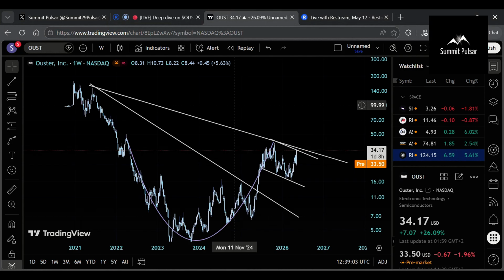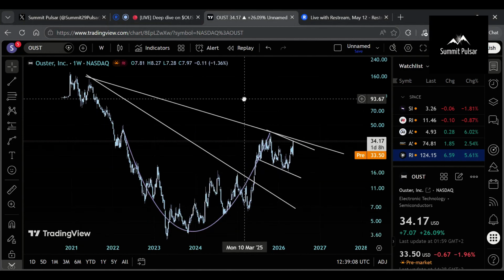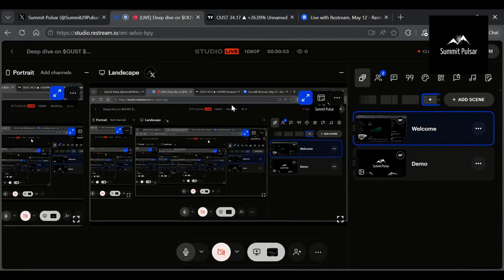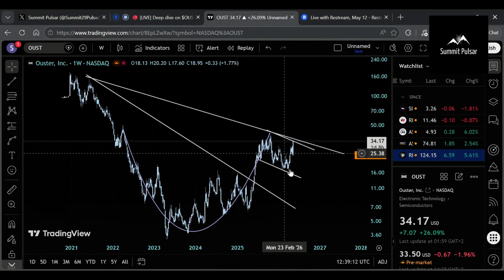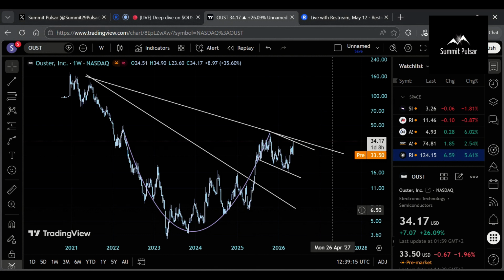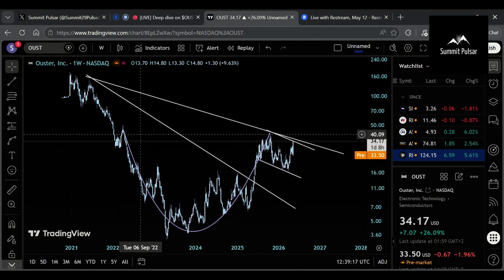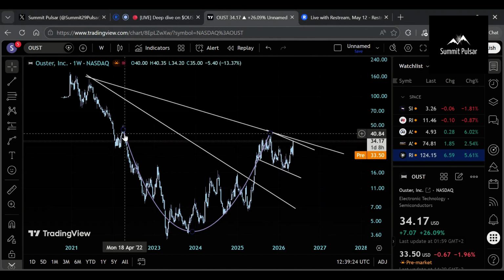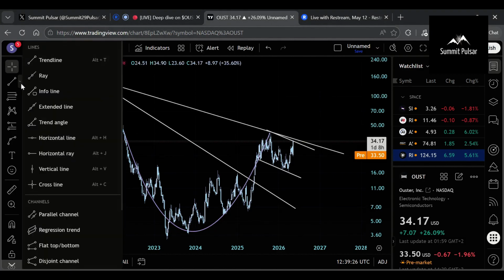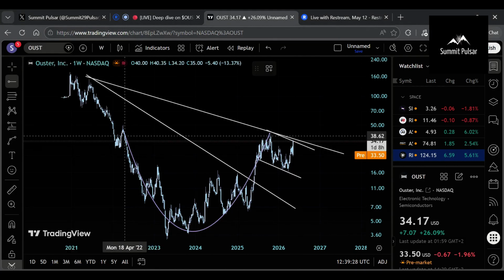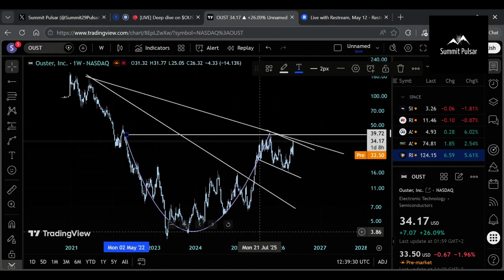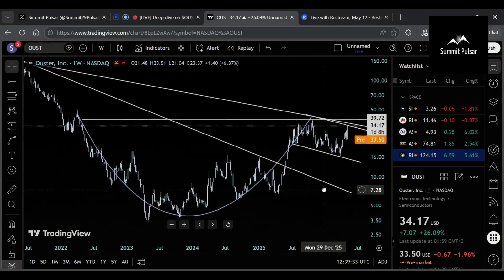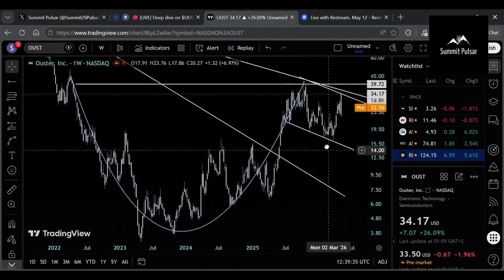So I'm analyzing the weekly chart, and I saw several interesting things because I saw that Ouster was trading inside of this cup pattern from 2022 when it reached the price point of approximately $40. Now, when we measure the horizontal resistance of the recent top area, we see this as a cup pattern.